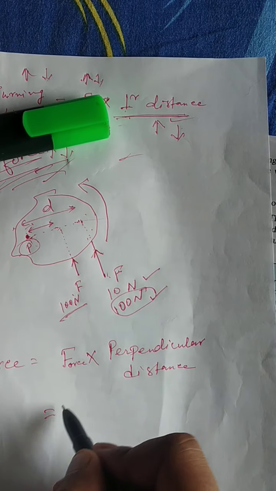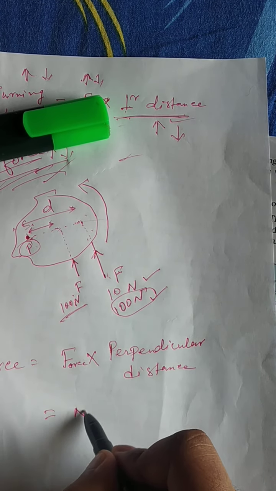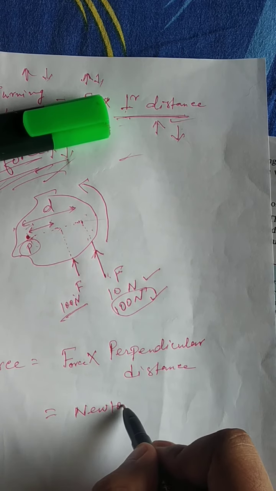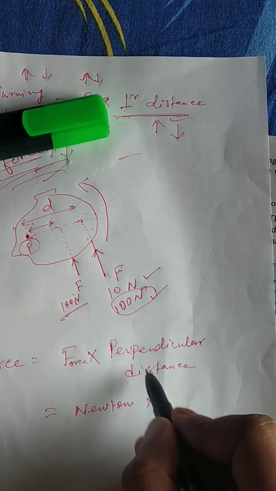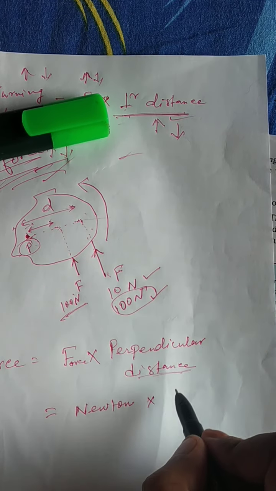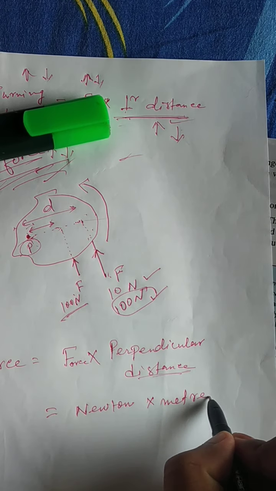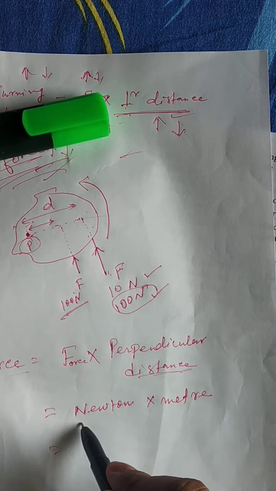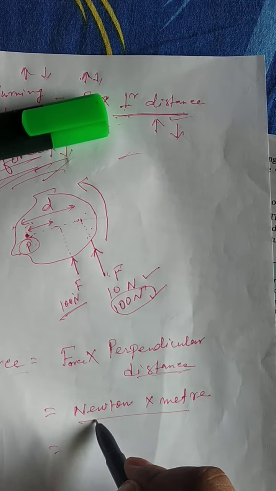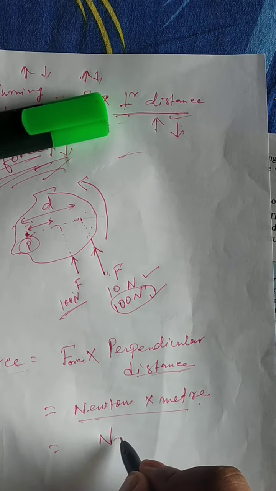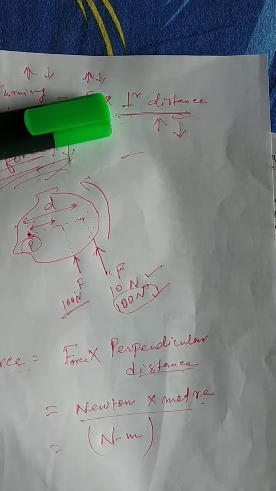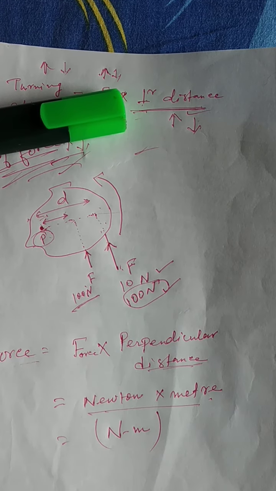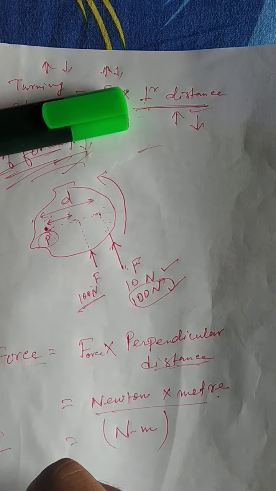Now the SI unit of force is Newton, and the unit of distance is meter. So the SI unit of moment of force is Newton meter. We will write N·m, Newton meter.